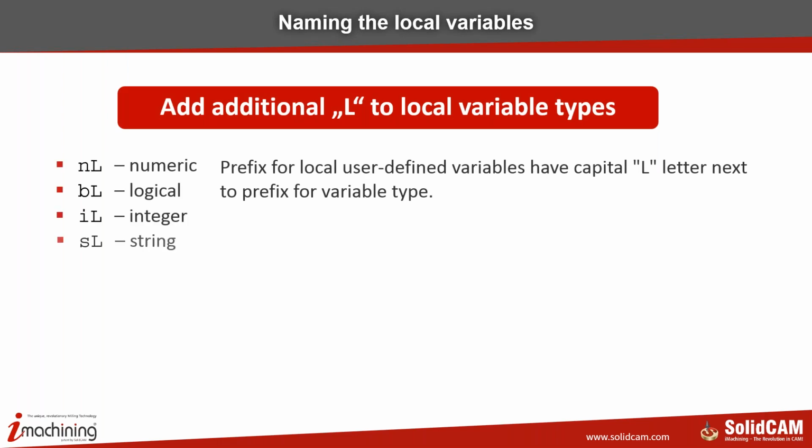For the local variables that are used in particular user-defined or system procedures, you need to put an L as well. This is very valuable because once you read the procedure itself and you see the NL or BL, then you know that you cannot remove this one, or at least you know that it is located only in this procedure.